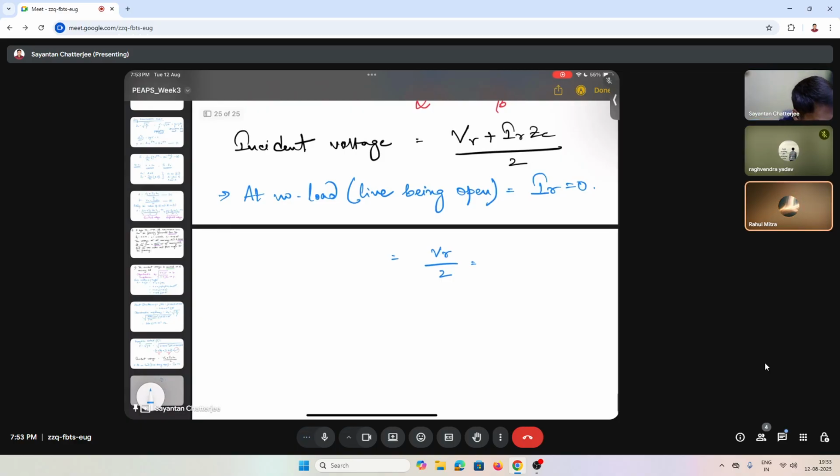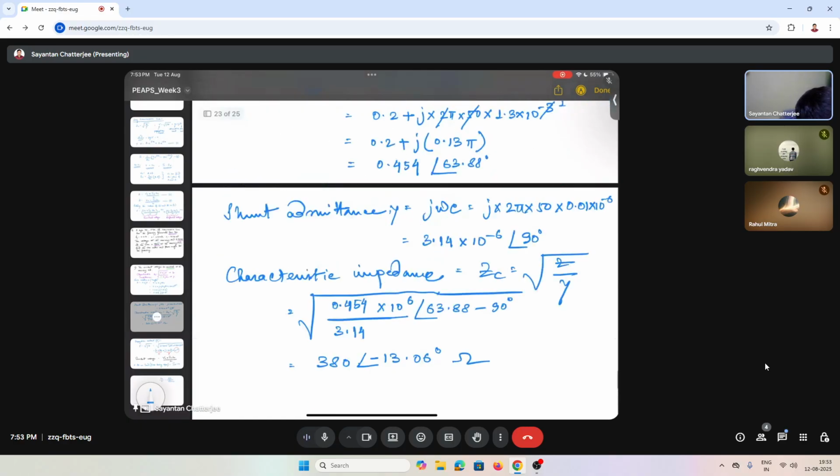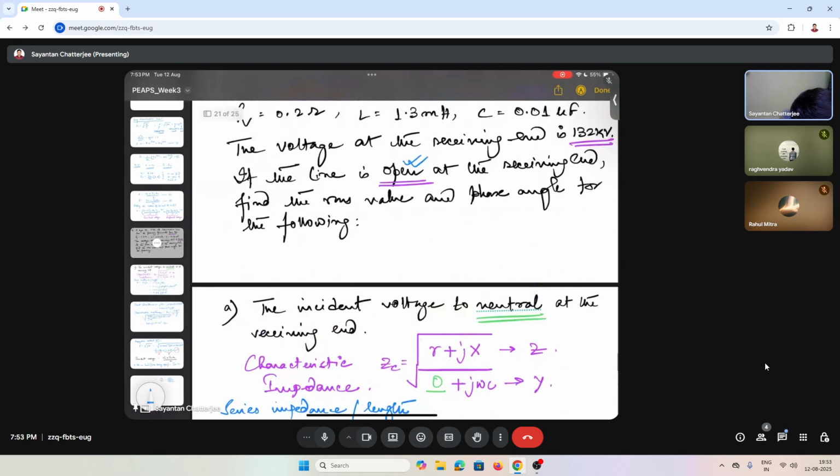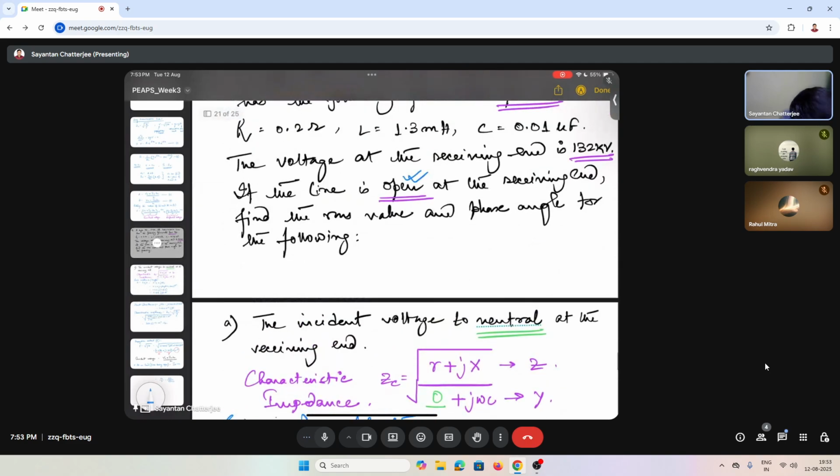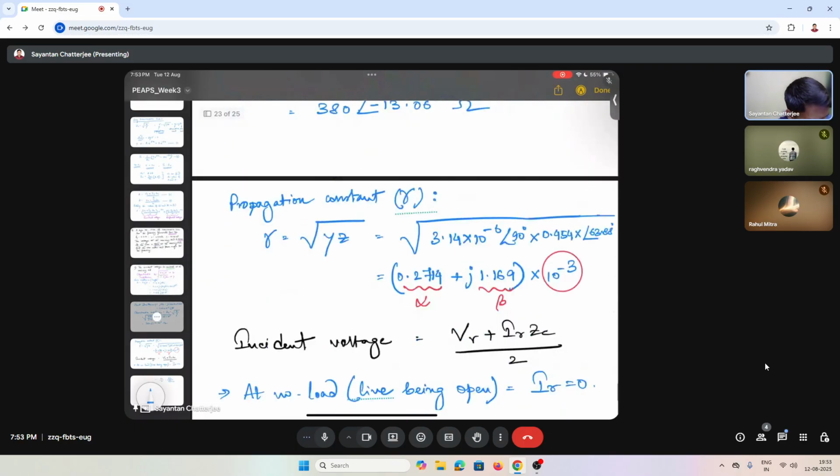No, Shanti. Okay, so 132 by root 3 by 2. I guess it is a phase voltage, oh, RMS value only, not the phase voltage.